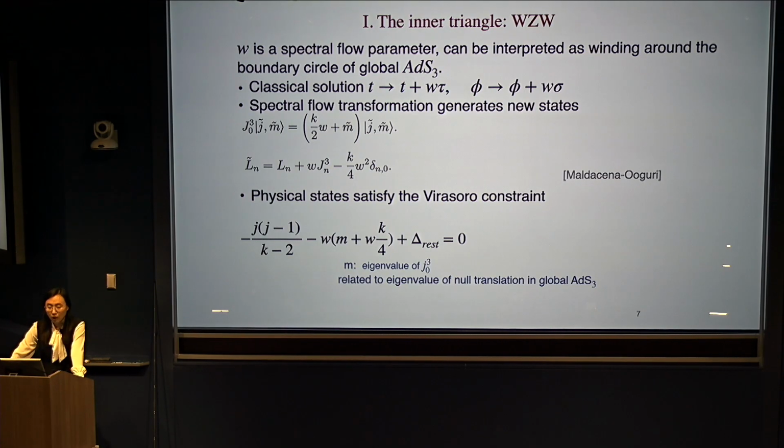It also changes the Virasoro zero mode, and actually affects other generators in the worldsheet Virasoro algebra.